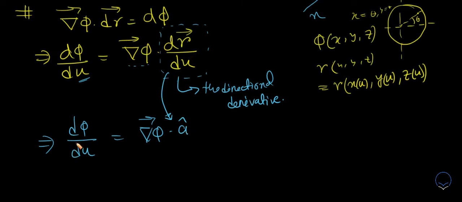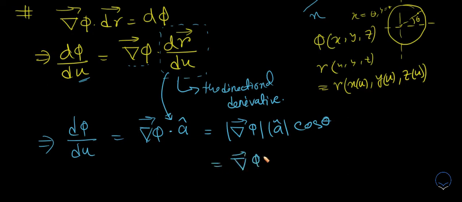So finally, using this unit vector and this dot product, if you evaluate it, this will give us the modulus of the gradient, the modulus of a hat, and cosine theta. And since a hat is unity, we can write it as gradient of phi of cosine theta.